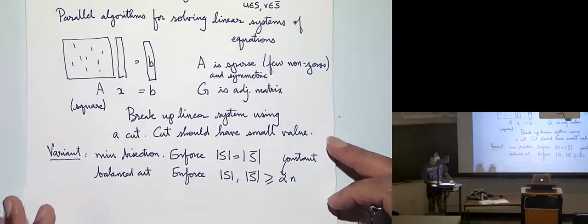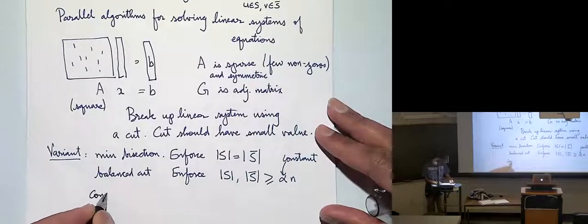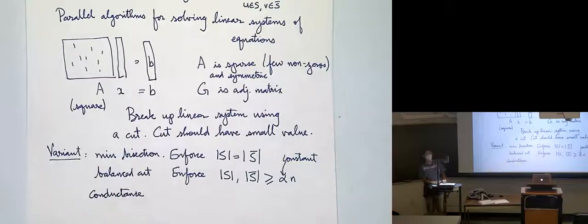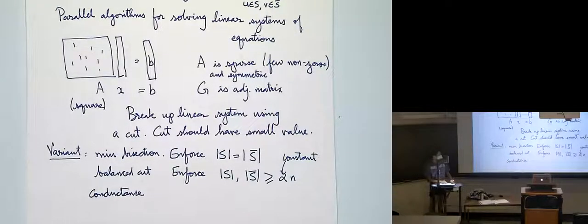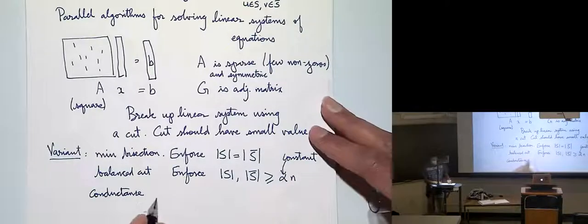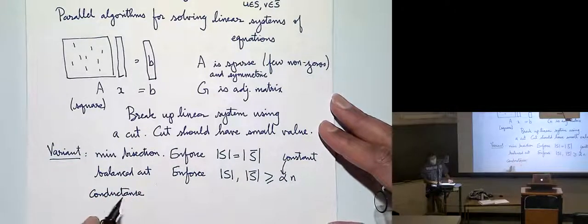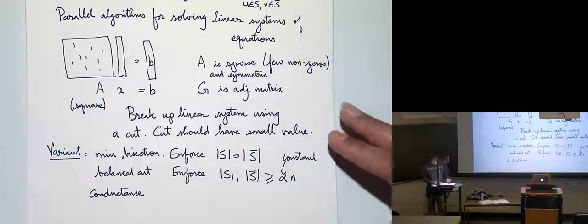Another common variant is what's called conductance. So there are many possible ways of defining conductance. I'm going to give you one of them. So this is technically not conductance, but it's similar to it.